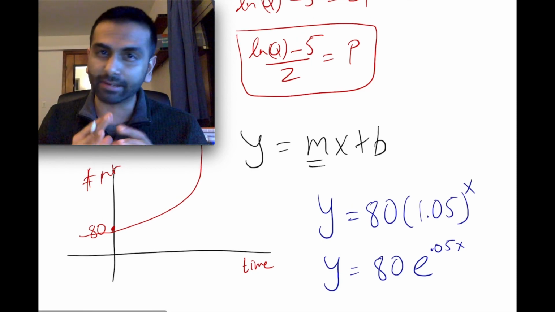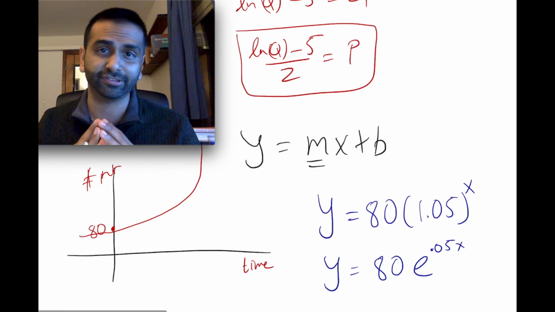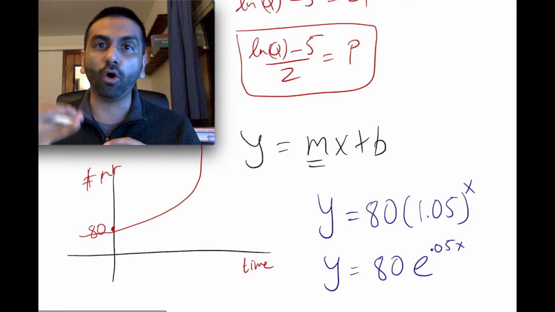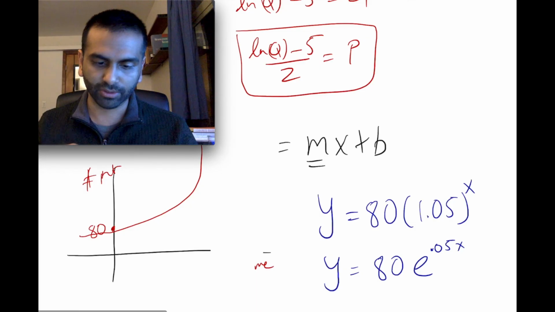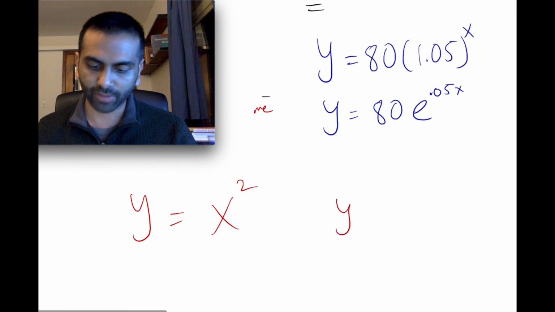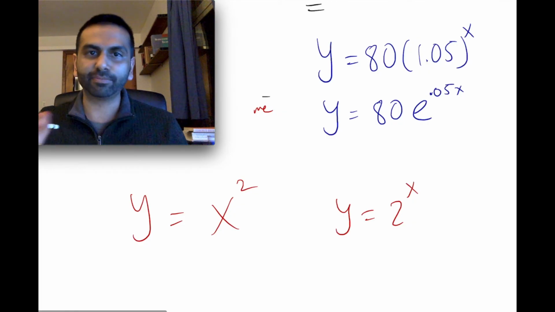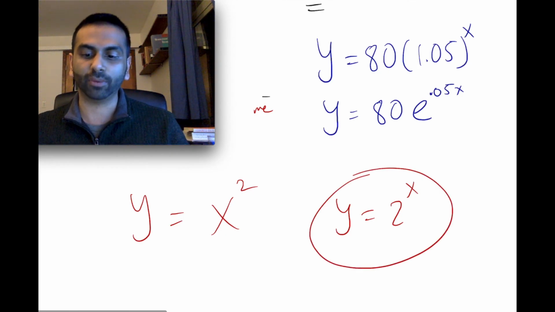And one final comment: the relation between power and exponential functions is that in the long run, exponential growth always beats out power growth. So if I were to give you two different functions, say y equals x squared versus y equals 2 to the x, and you graphed both, when x is a trillion, the exponential one is always going to be larger.